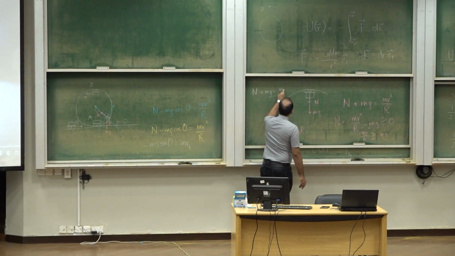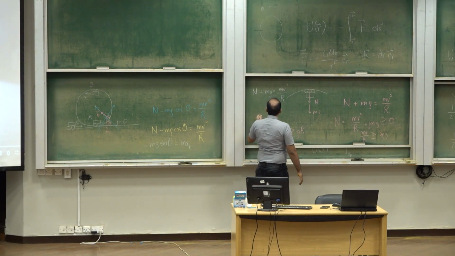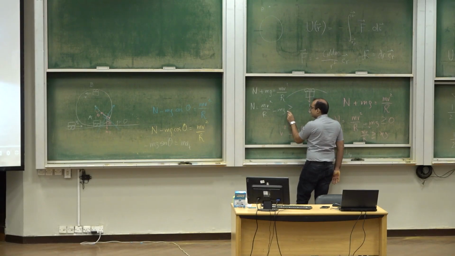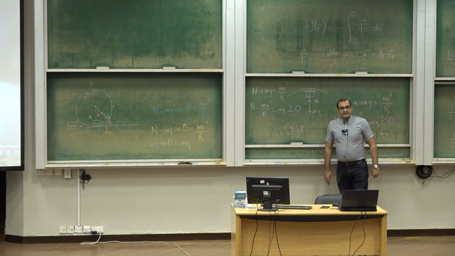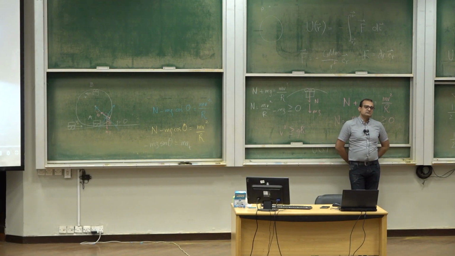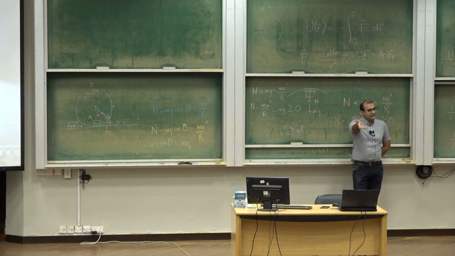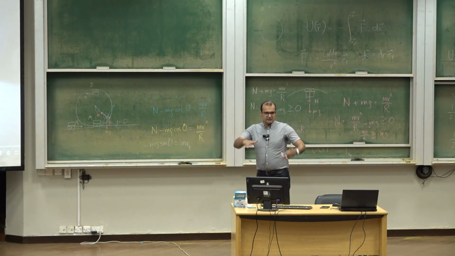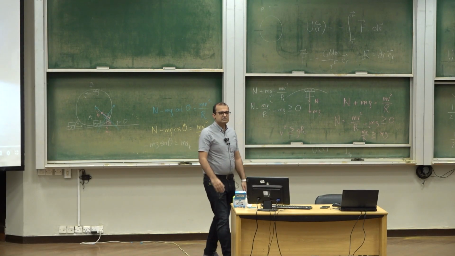This must equal mv square over r. Therefore the normal force is mv square over r minus mg, and this should be bigger than or equal to 0. And therefore v should be bigger than or equal to the square root of gr. That's why the video was telling them this much speed is needed at the top, otherwise you will fall down. That particular value of course depends on the radius of the loop they have constructed.